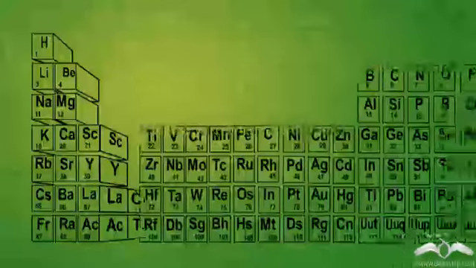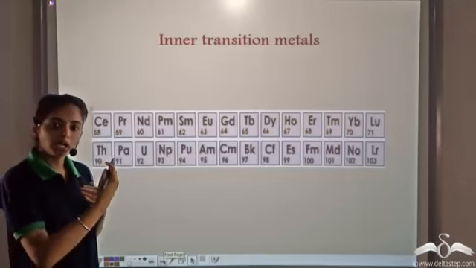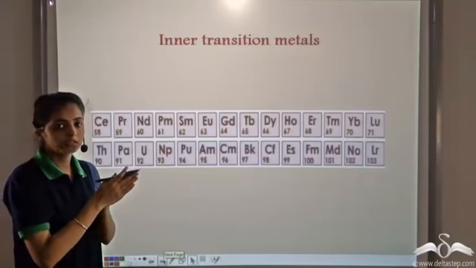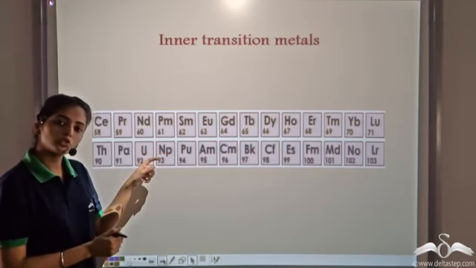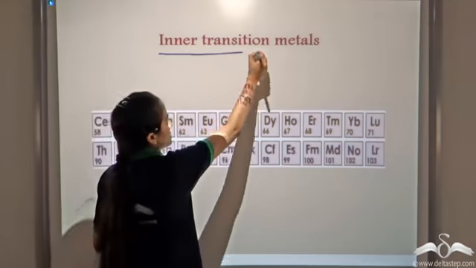These series are therefore known as inner transition metals. Since they lie inside the transition metal series, that is behind the two elements, such elements belonging to these two periods are known as inner transition metals.